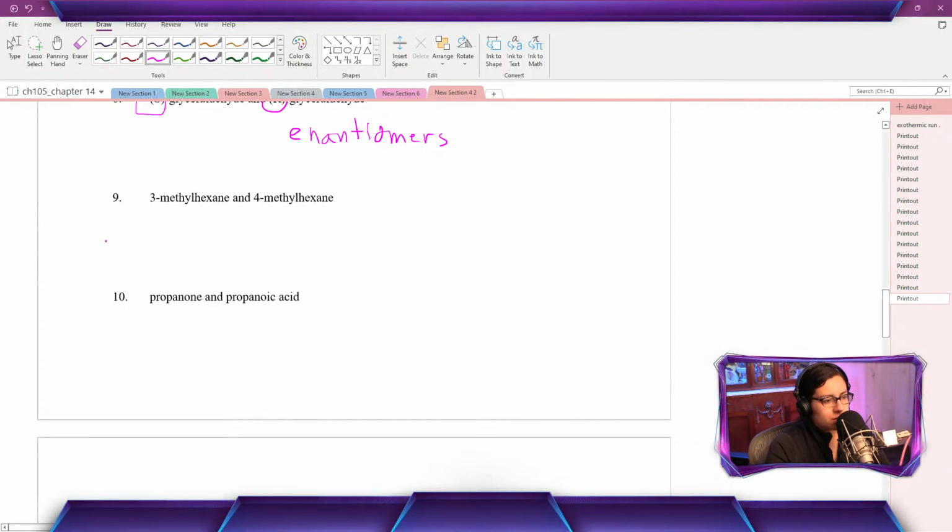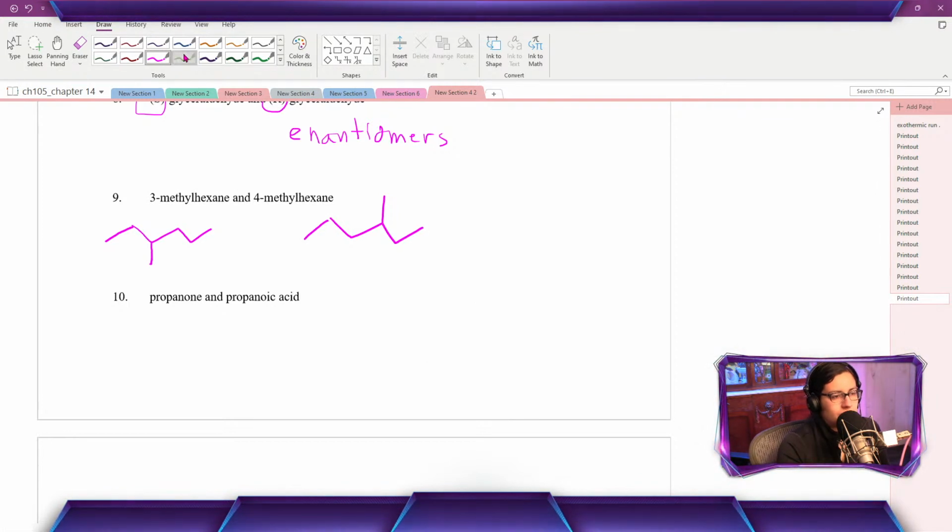So hexane 6, so 1, 2, 3, 4, 5, 6. So 3, 1, 2, 3. 4-methylhexane, so 1, 2, 3, 4, 5, 6, 1, 2, 3, 4. Except look at this. So this is 1, 2, 3. And so it's actually the same thing. It's just this is not the proper name.